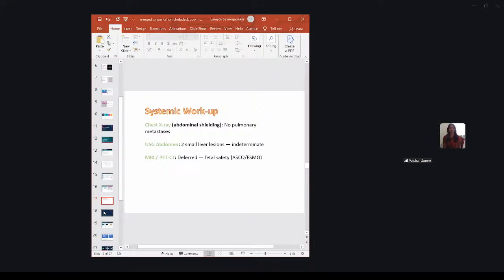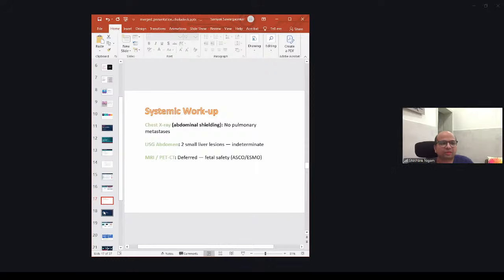Dr. Shashank, do you agree with what Dr. Ankita said? Yeah, exactly. Following up alkaline phosphatase and carefully evaluating for any systemic symptoms would be essential. And I just wanted to make a general comment on the fate of pregnancy-associated breast cancers.